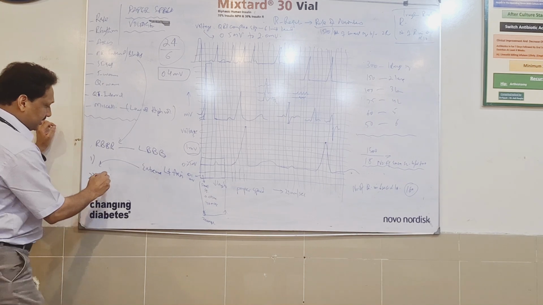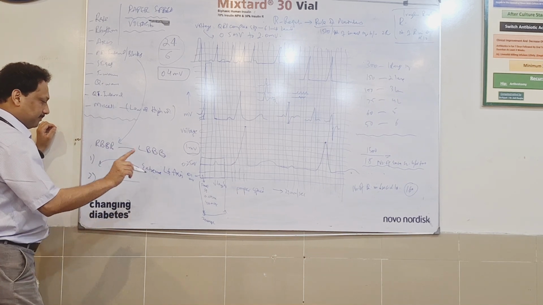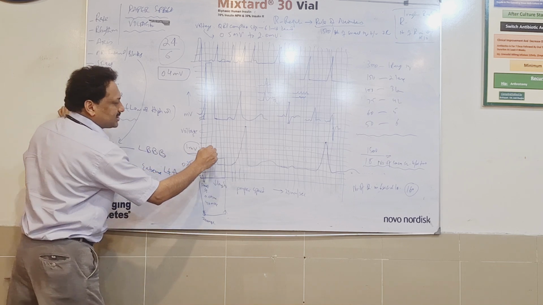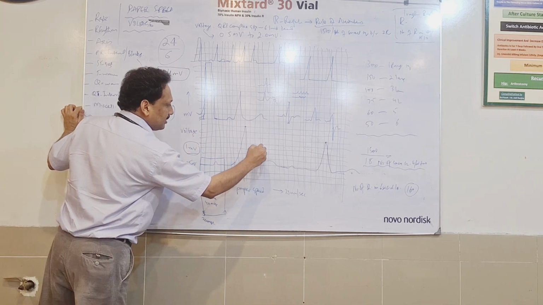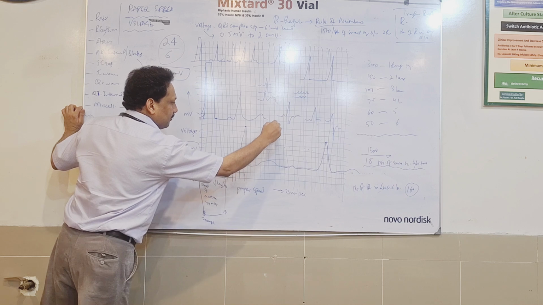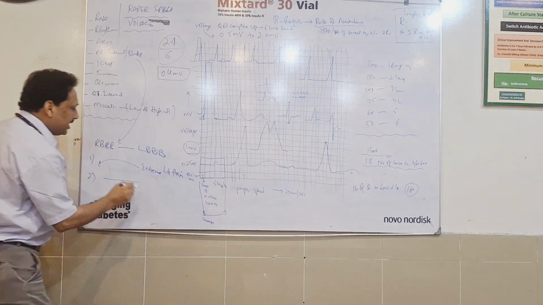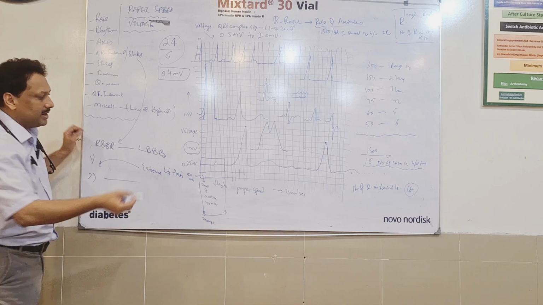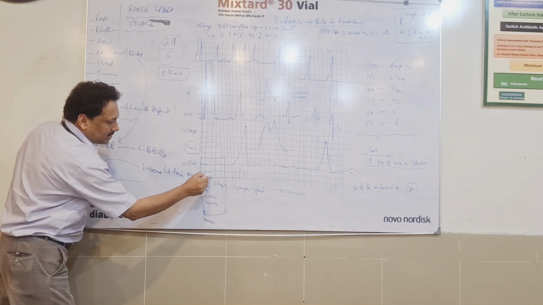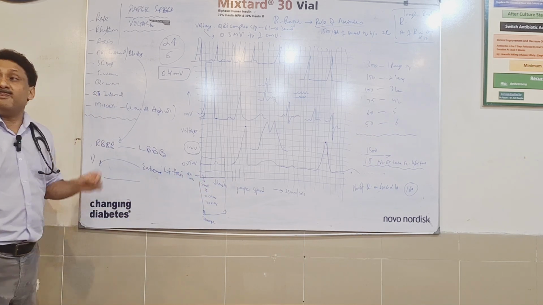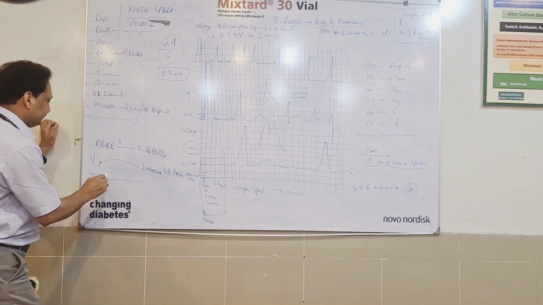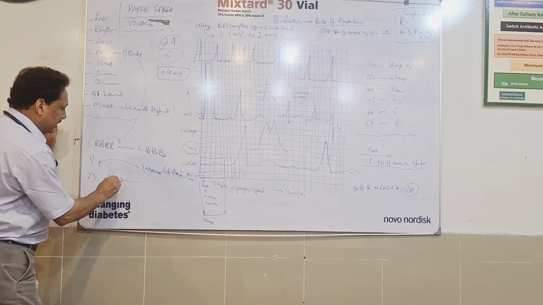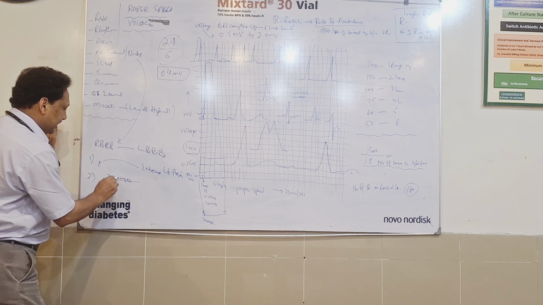The second most important one, it is a prerequisite: the size of the QRS complex will be more than 0.14 second, 140 millisecond. In other words, 1 box, 2 box, 3 box, 3.5, it will be more than 3.5 small squares.